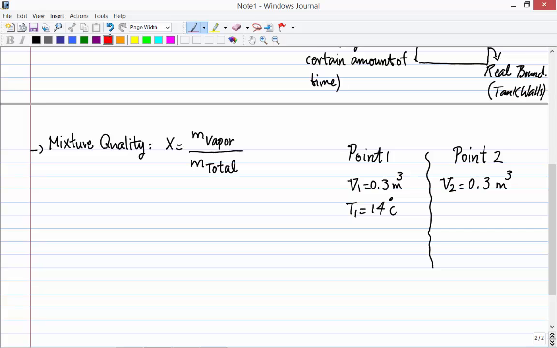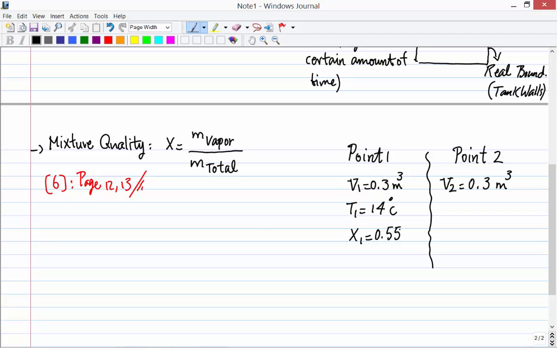You can double check that on pages 12 and 13 in lecture note number 6. Okay, great. So here it says that 55% of the mass is in the vapor phase, so 55 vapor out of 100 total. It means that x1 equals 55%, which is 0.55.